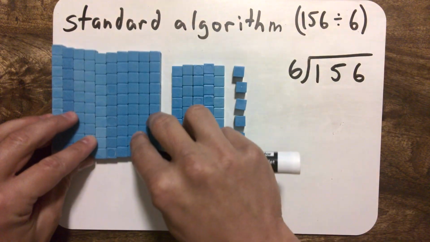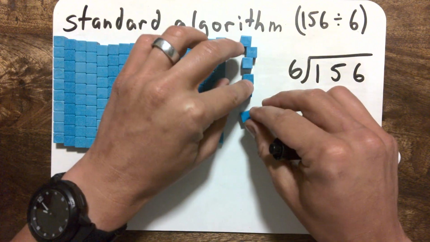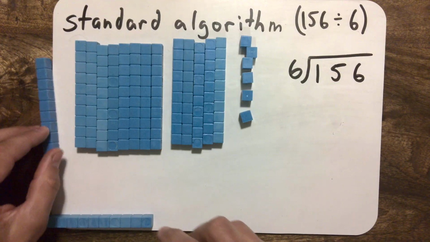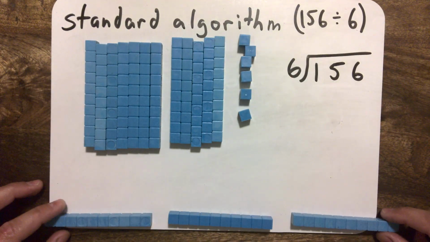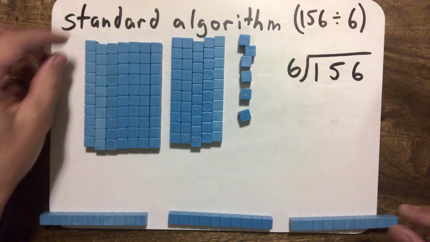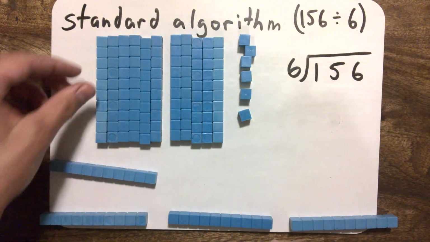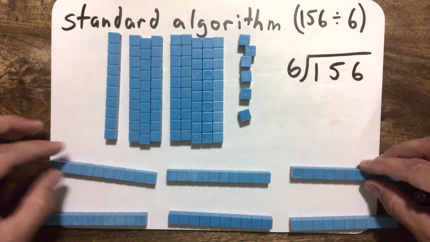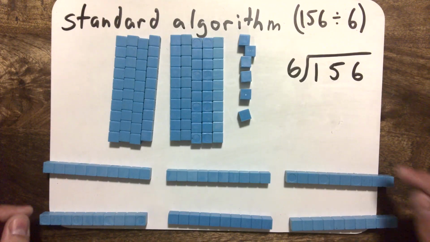Move this up just so I have a little more room down here. Groups are going to be a little cramped on here, but those are 3 of the groups, and then these are going to be 3 others. So I've placed 1 ten into each of the 3 groups.